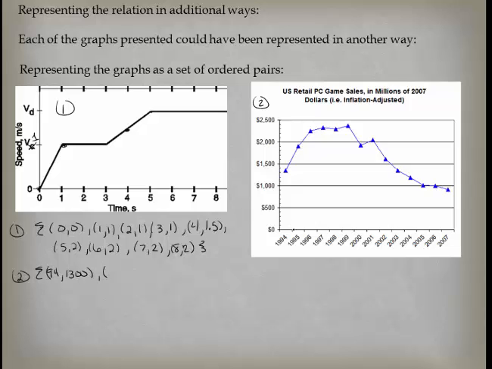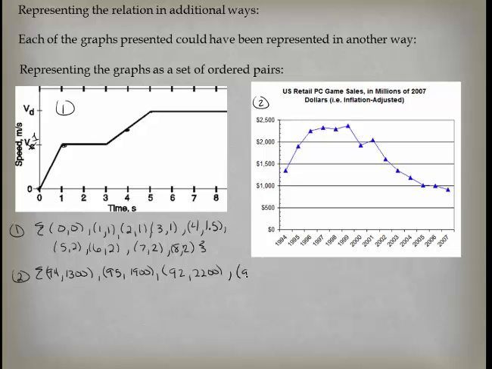And then in 95, we're at 16, 17, 18, 1,900. In 96, we're about 2,200.